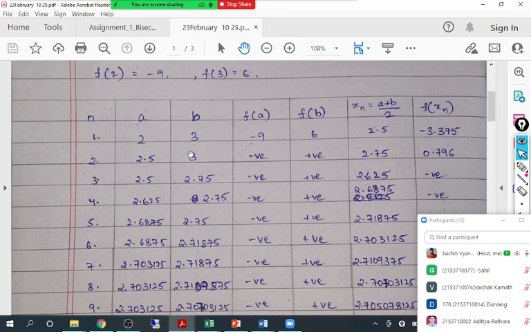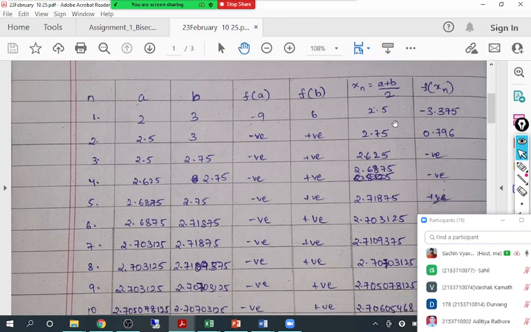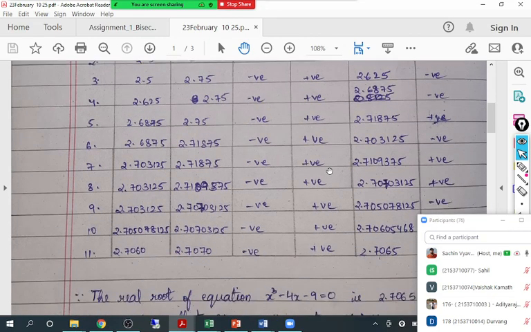Now the iteration started. So he started n equal to 1, first iteration, a is 2, b is 3, and then a plus b upon 2 is the iteration formula, and it mainly focuses on the sign. If magnitude is not written, that is okay, and if you write it, that is also okay. So f of xn is negative, so it should replace a, because f of a is negative and f of xn is also negative, and that way it is continued.